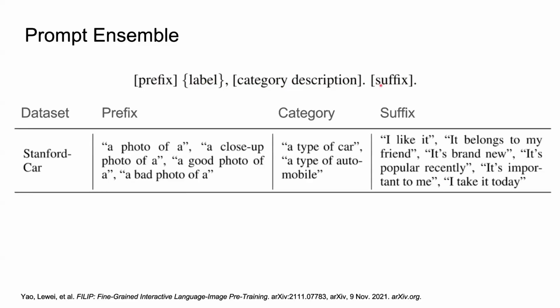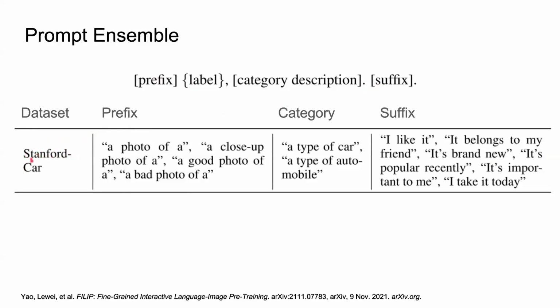To further augment the data, especially for downstream and inference, the authors came up with what's called a prompt ensemble. So these are basically templates following this pattern. You have a prefix, a label, now this is the data set label, category description, and suffix. And so I'll run through an example real quick.